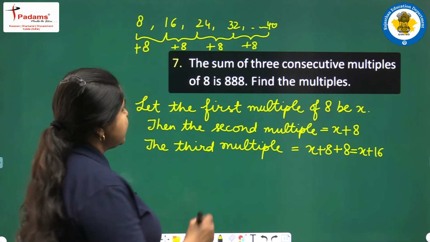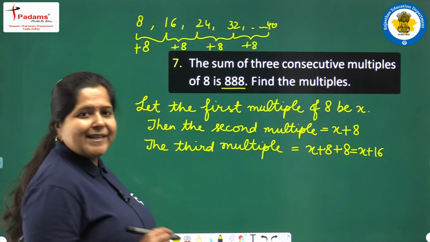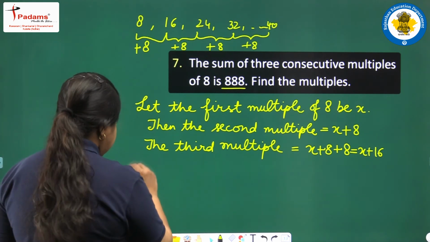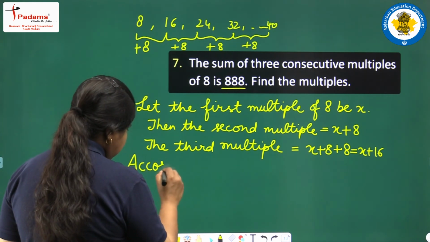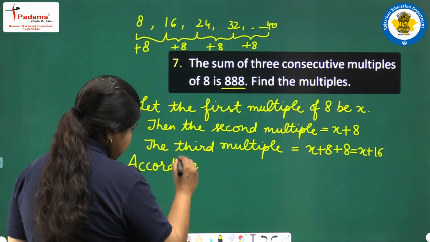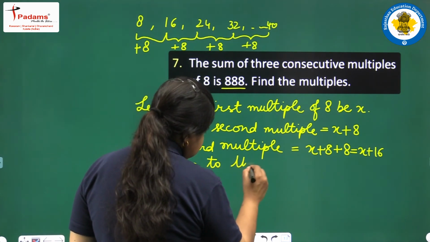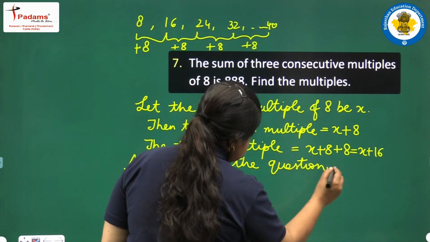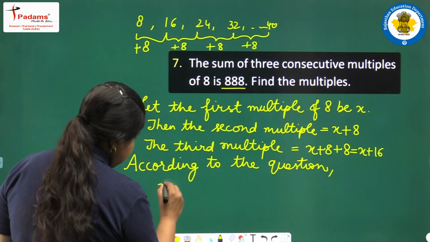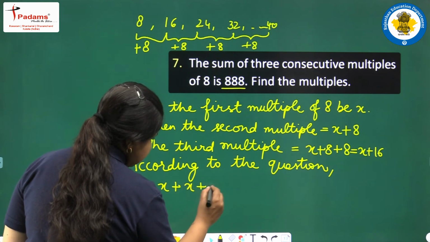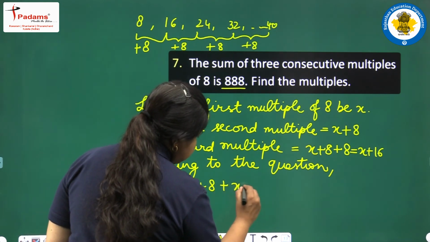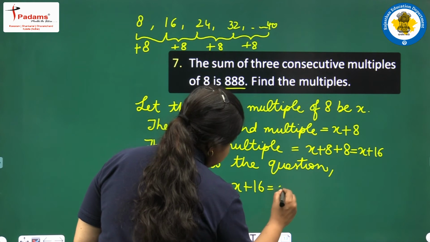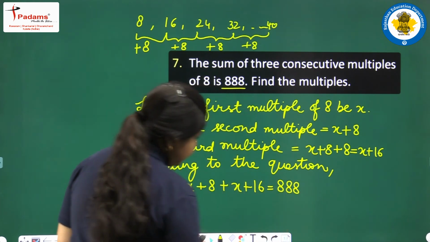Now the sum of the three multiples is 888 according to the question. Add the three: x plus x plus 8 plus x plus 16 equals 888.